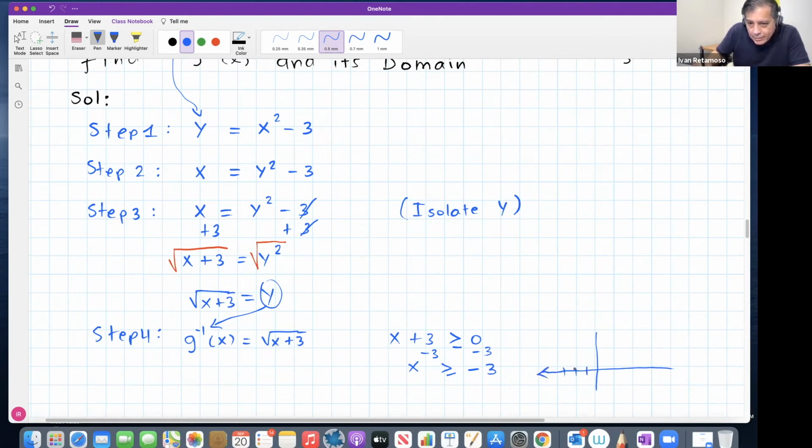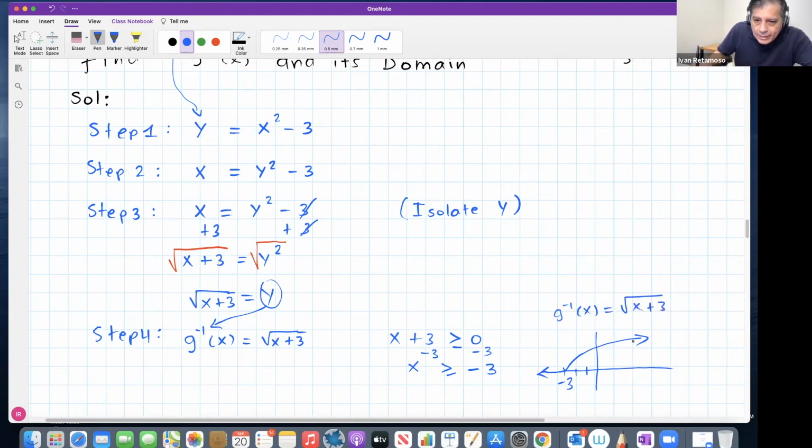Remember, it's counterintuitive, the horizontal shifts. So you go here. You follow, guys? So this is the graph of G inverse of X equals square root of X plus 3.